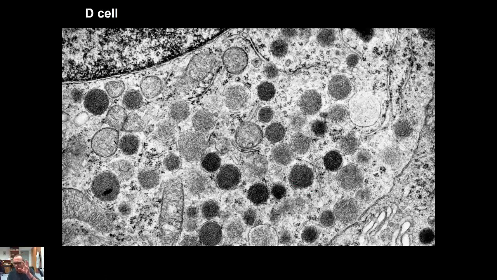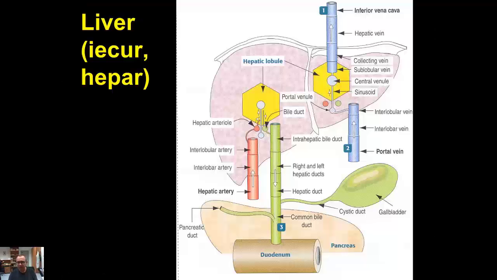Nevertheless, the whole granules are dense, there aren't any lucent rings, and so we can recognize that there must be somatostatin in these granules, and so you are looking at the D cell here, and so on. Okay, fine. So that is everything about the pancreas and its islets of Langerhans.